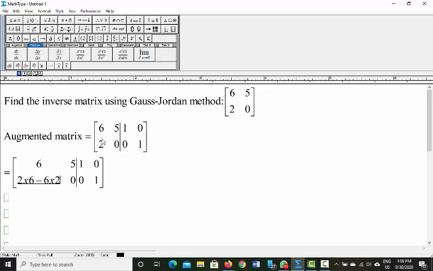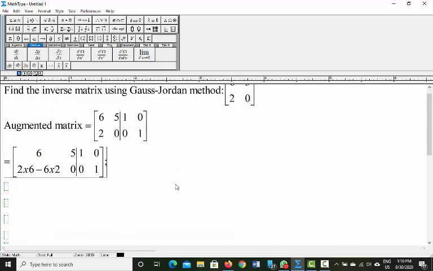What we are doing, we are multiplying these one with these one, and then minus, and again we are multiplying these one with these one. So this way we can get a 0 here.